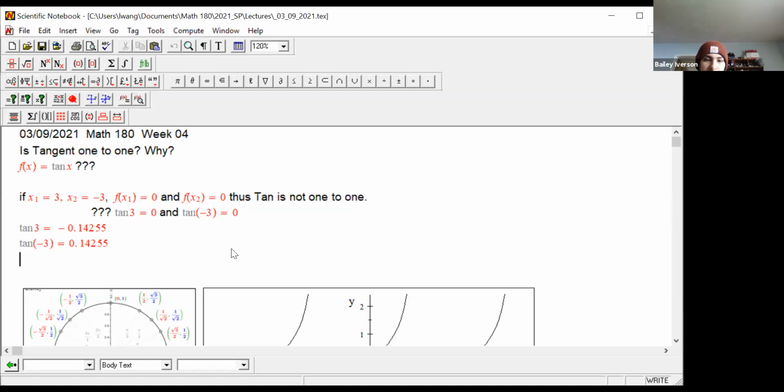Tangent 0 and tangent pi. Can you make that complete statement? Do you want me to type it? Type it. Typing it makes your words powerful.